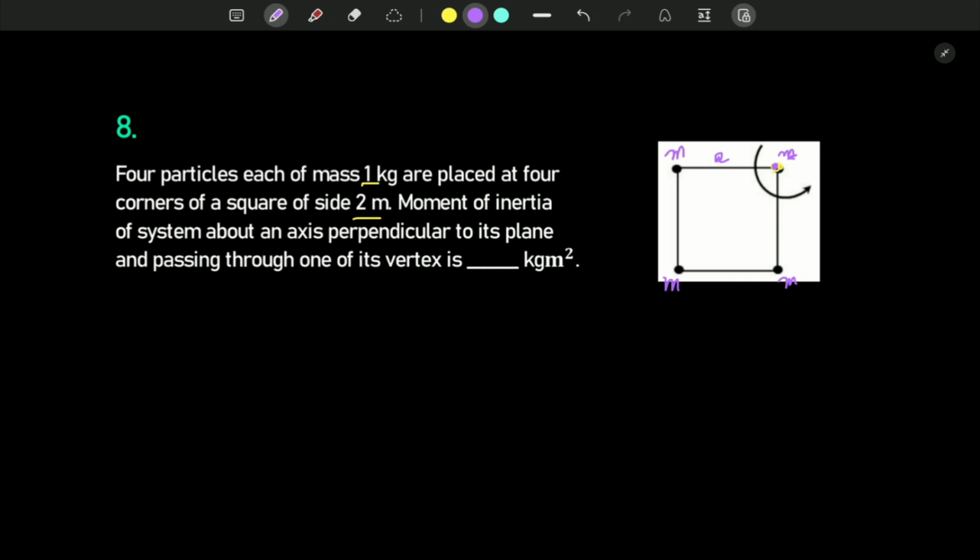Now this side is given as 2 meter. Let me write it as a. And this diagonal will be root 2 a. So the moment of inertia I equals, for this mass, ma square, plus for this mass m root 2a whole square, plus the third mass ma square.